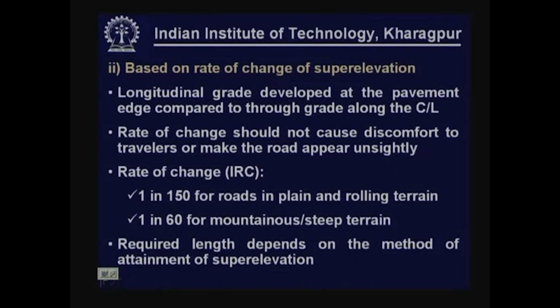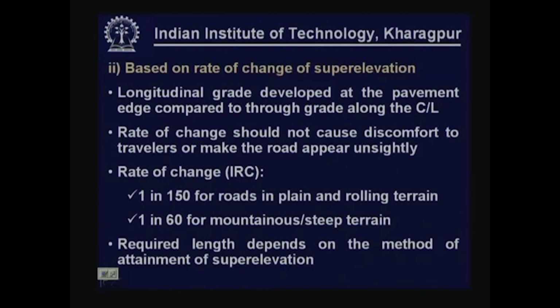Considering this aspect, IRC says that there should be a limit for the rate of change of super elevation. It should not be done at a rate faster than 1 in 150 for roads in plain and rolling terrain, and the limiting value is 1 in 60 for mountainous and steep terrain.